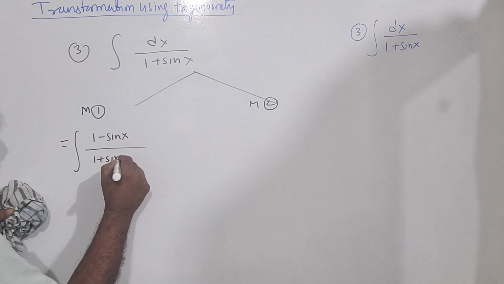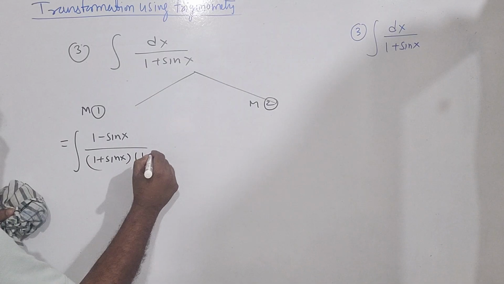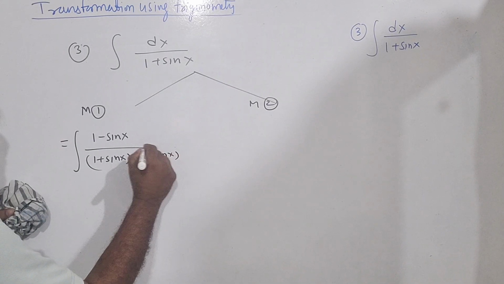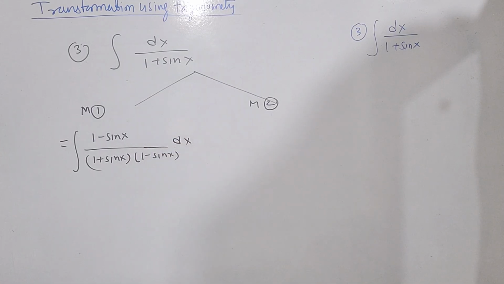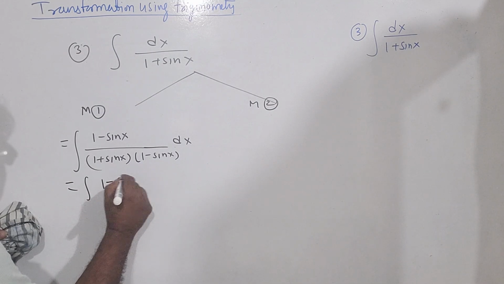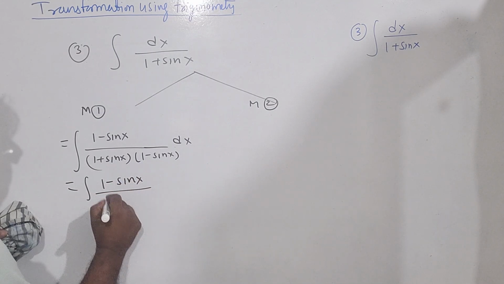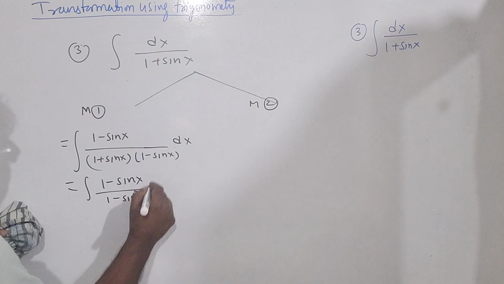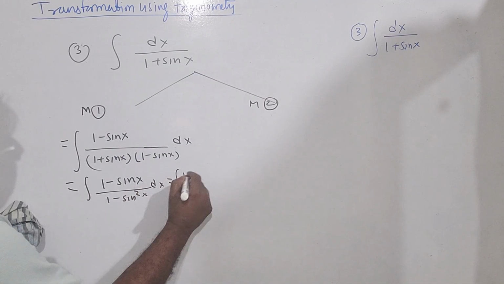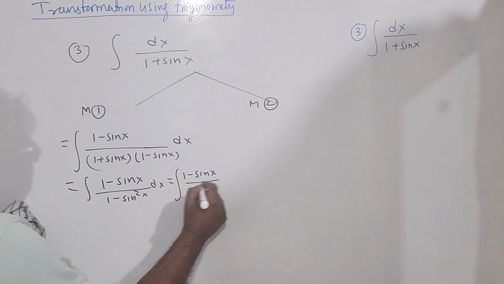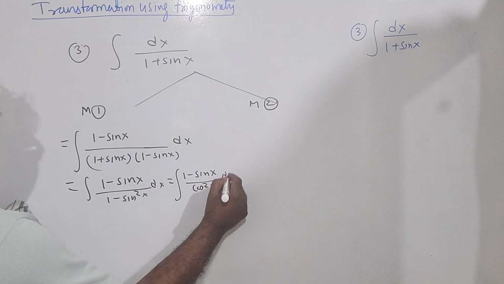So this is (1 minus sin x) upon (1 plus sin x)(1 minus sin x), dx. Correct? So this is 1 minus sin x divided by 1 minus sin square x, dx. That is (1 minus sin x) by cos square x, dx.